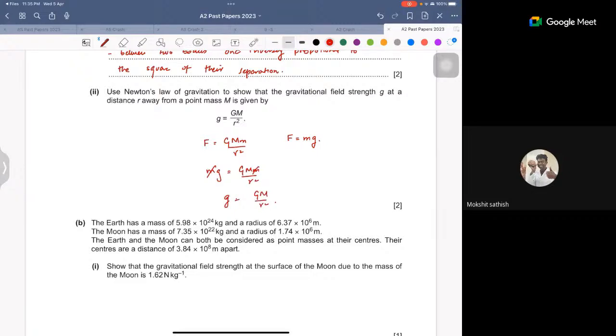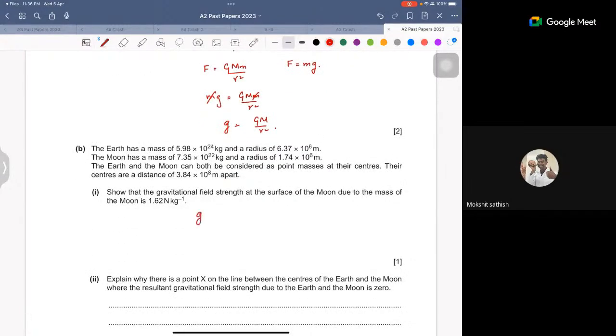Pretty simple. Then it says the Earth has a mass of this, and radius of this, and the Moon is this. Show that the gravitational field strength at the surface of the Moon due to the mass of the Moon is this. So you just need to use the formula on top.